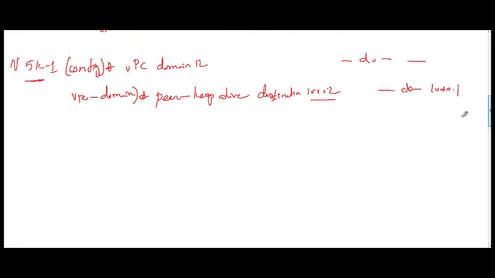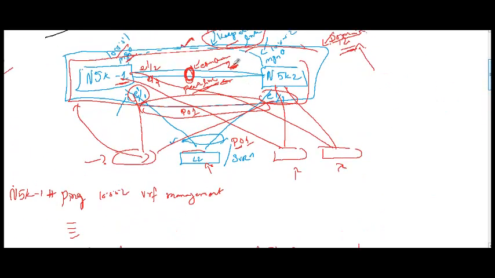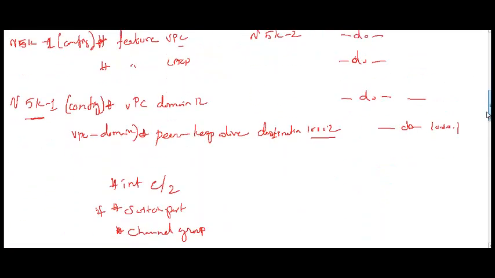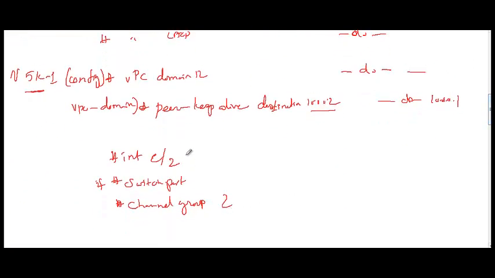First of all, we need to go under interface Ethernet 1/2, and we need to say switchport, and then channel-group. What is the group number we were discussing? Group number 2. Channel-group 2, and do the same for Ethernet 1/3.